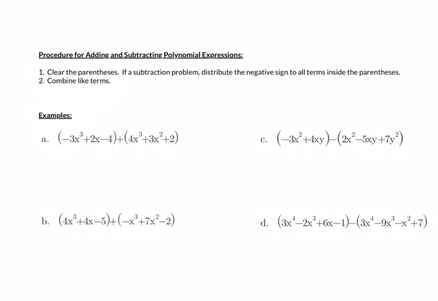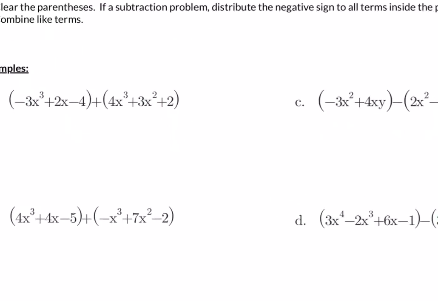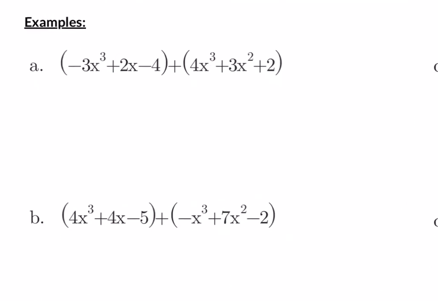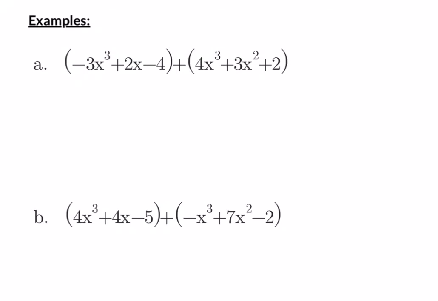So let's go ahead and look at some examples. If we look at example A, again, parentheses have no special meaning here, so if you want, you can ignore them, or you can rewrite the problem without them. So I'm going to bring down my negative 3x cubed plus 2x minus 4.